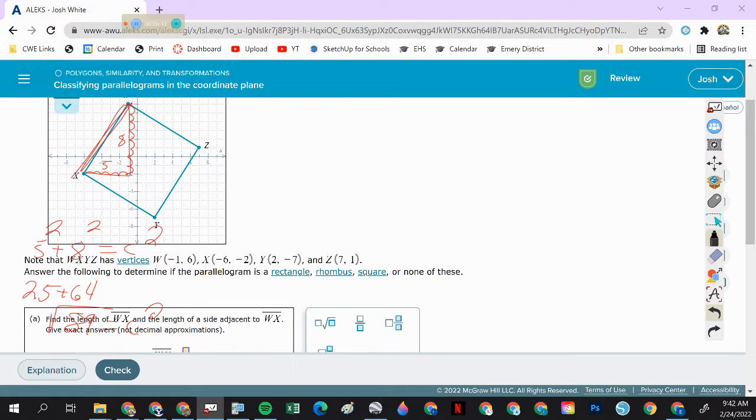And then you have to find the length of a side that's next to that. So we could do this one. 1, 2, 3, 4, 5. 1, 2, 3, 4, 5, 6, 7, 8. That's exactly the same size, so it would be root 89 as well. Okay, so WX is root 89, and this side is root 89.